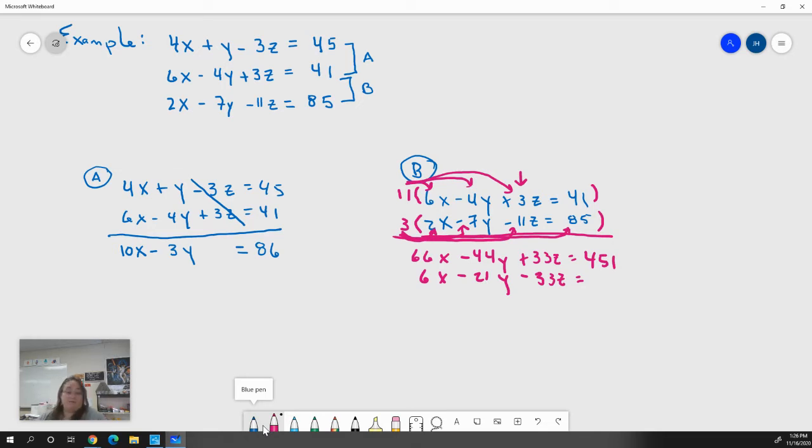Hold on, I got to check my numbers really quick on a calculator. 11 times 41 is 451. 3 times 33 is 99. Really?